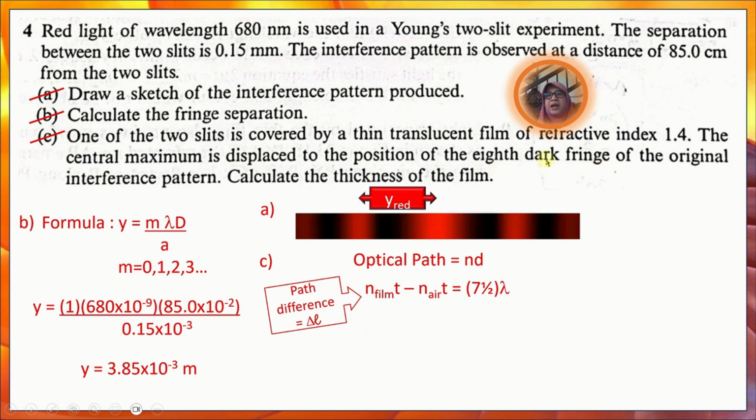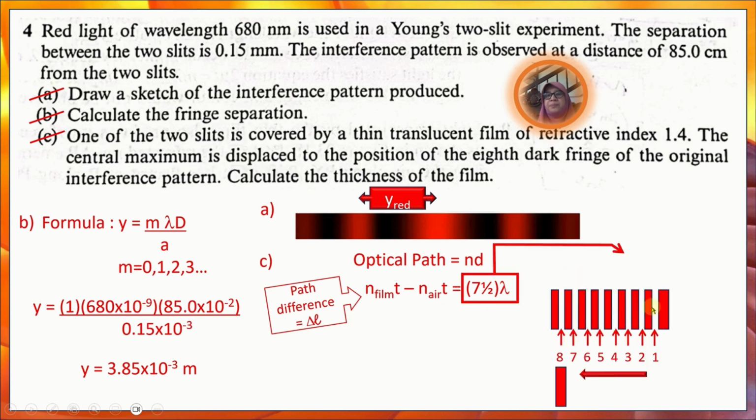How to imagine this? Let me help you with the diagram. This is the original central bright fringe. The dark fringe is in the middle between the bright fringes, so this is the first dark, second dark, third dark fringe, fourth, and so on.